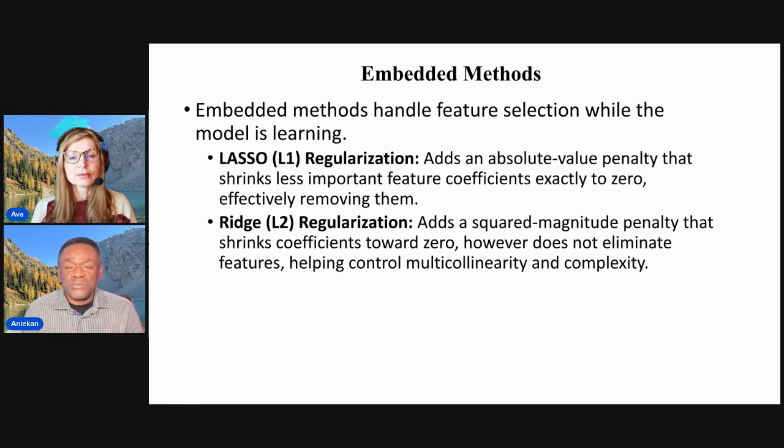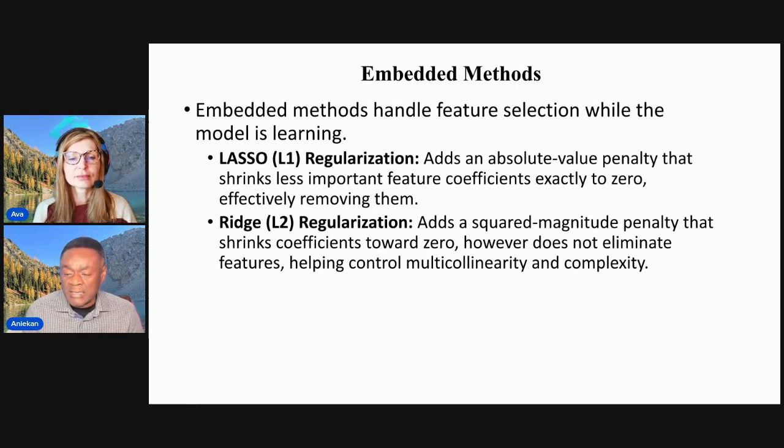This adds an absolute value penalty that essentially shrinks the feature coefficients exactly to zero. And what does this mean? It means that it effectively removes those features. So if a feature isn't pulling its weight, so to speak, Lasso will eliminate it entirely. And so this gives you a simpler model with only the most important features.